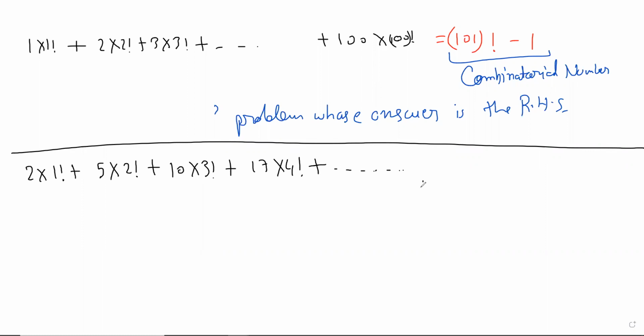I'll just say till 50 terms. I'm not writing the 50th term. You have to figure it out. Now we want to see if we can add this again in an interesting way.